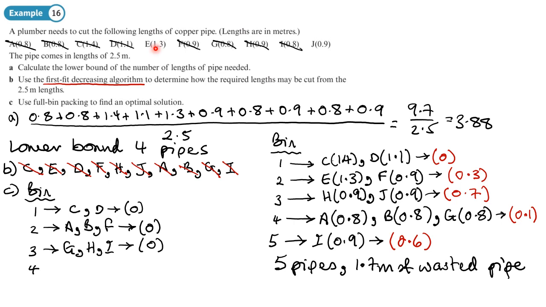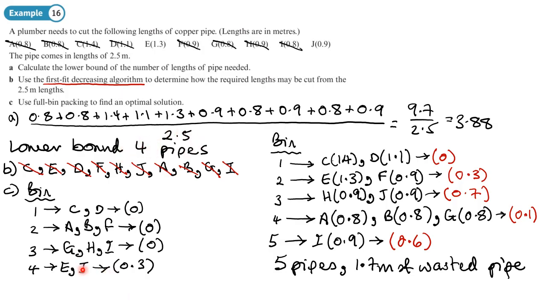Now that leaves E and J, and we just use the first bin packing to fill those. There's only 2 and they're going to fit together. So I'll just put E and J. That will make 2.2, so we'll have 0.3 of wasted space. So using the full bin packing, we actually find an optimal solution.